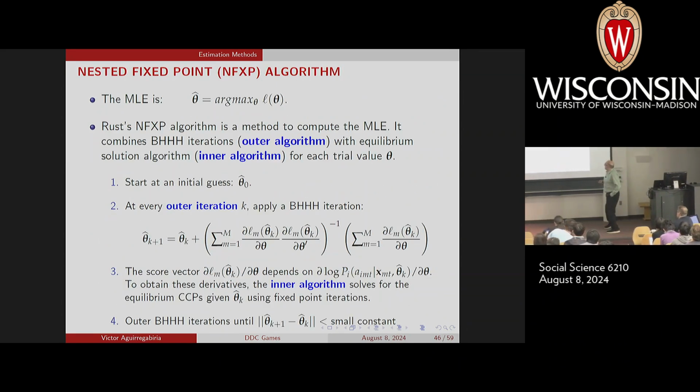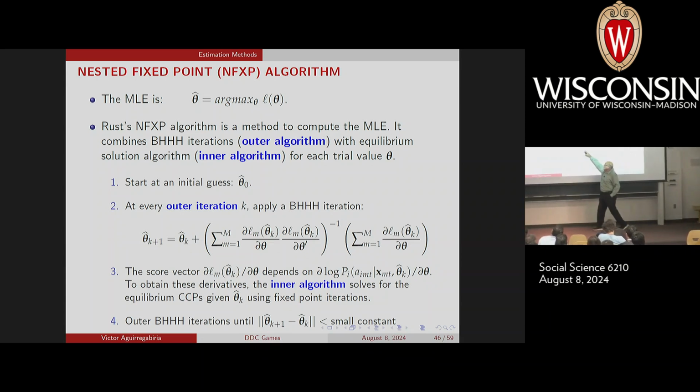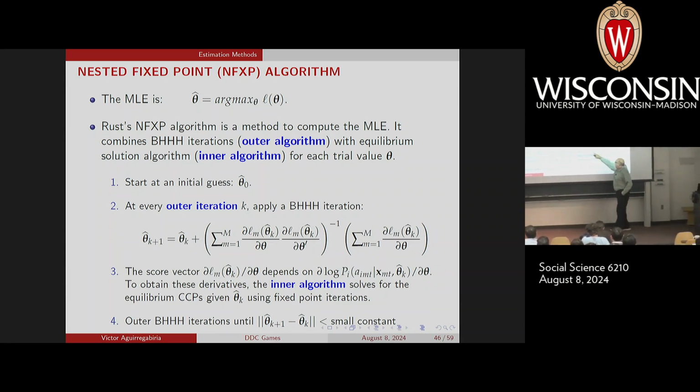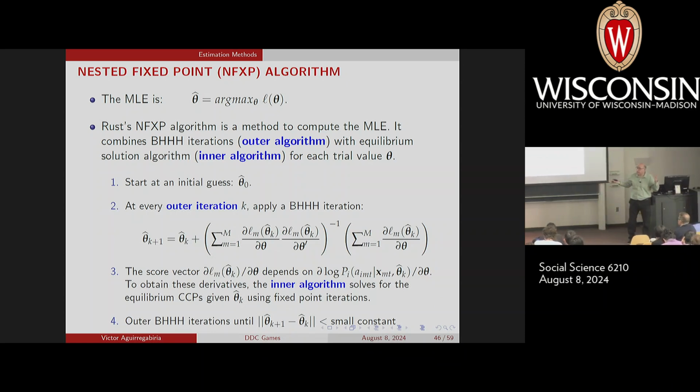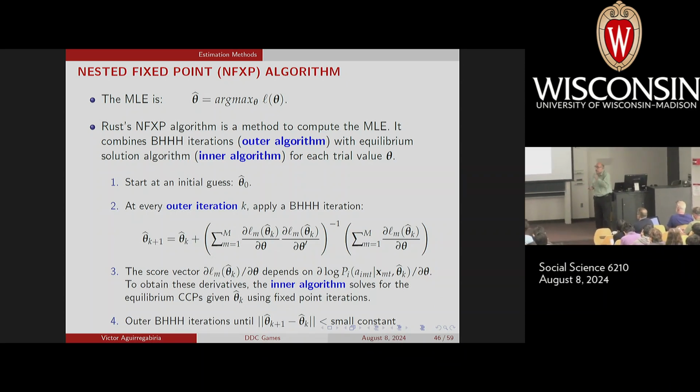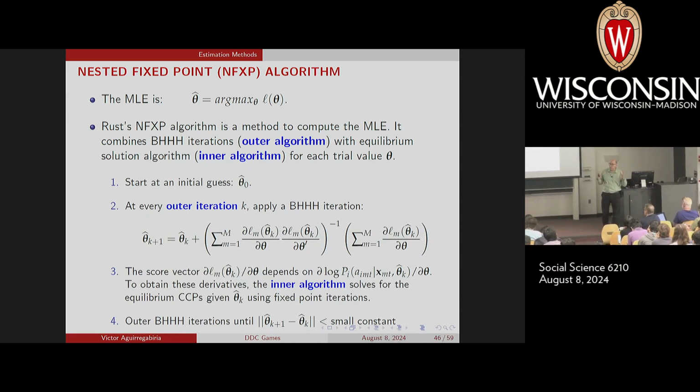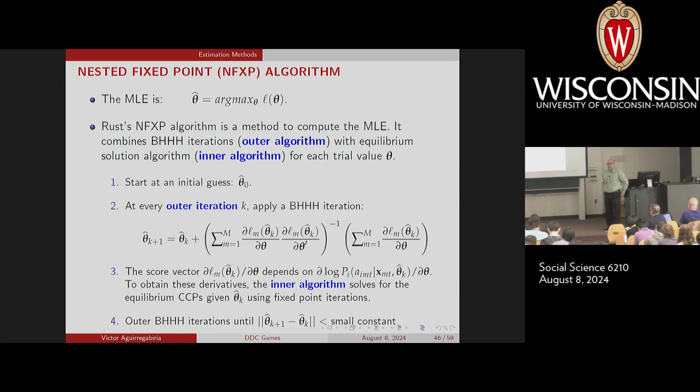We start with some initial guess of theta, and at each iteration, we apply, for instance, BHHH. These scores depend on the derivative of the equilibrium probability with respect to theta, but at each iteration, we solve for the unique equilibrium of this model by backwards induction, and we take the derivative of the equilibrium choice probabilities. Substantially nothing really different to nested fixed point in a single-agent dynamic programming problem, okay?